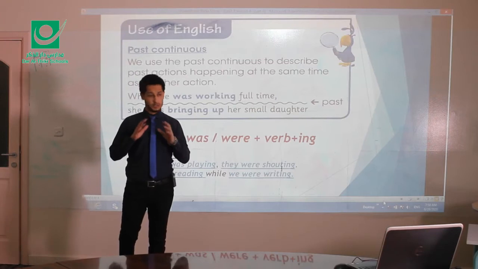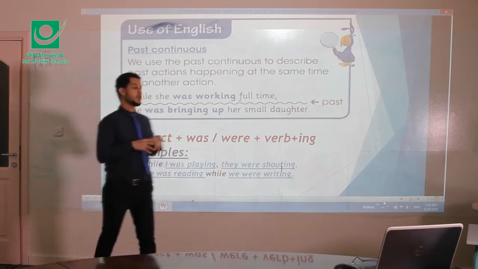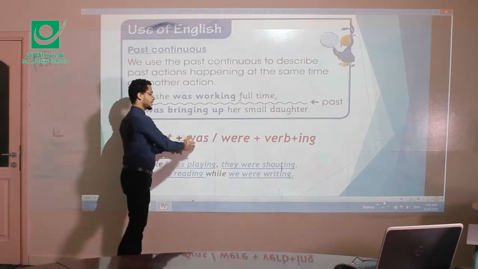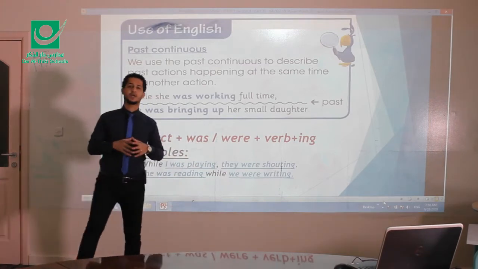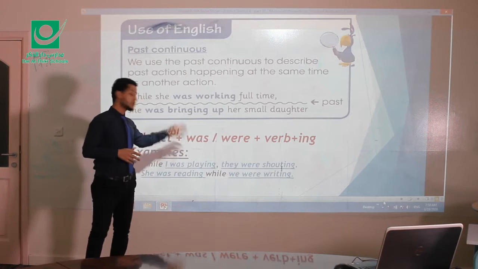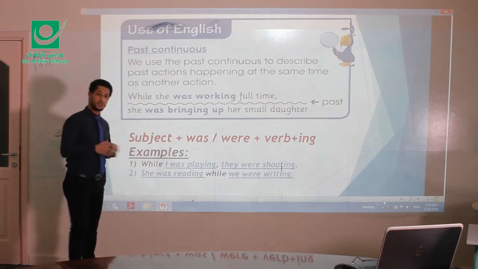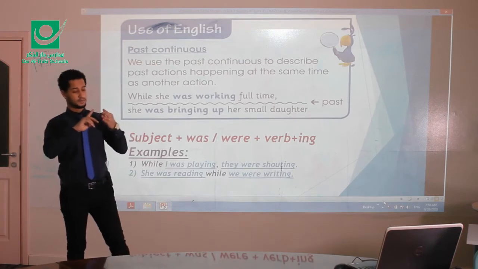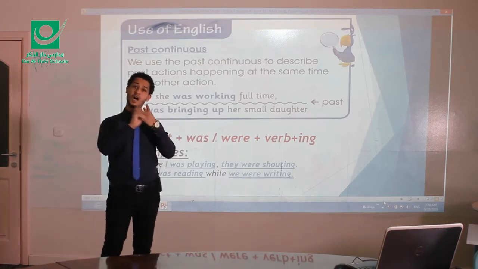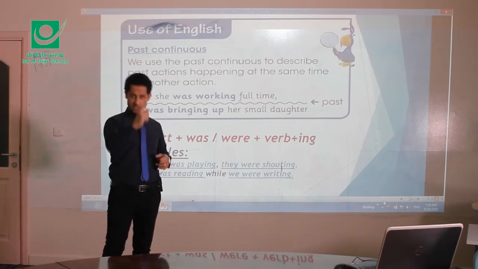Okay? Clear? Easy. Okay, teacher. When can I use was and when can I use were? As I like? No, not as I like. Was comes if the subject is he, she, it, I, or any singular noun.